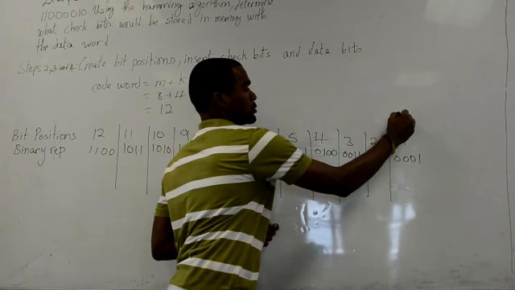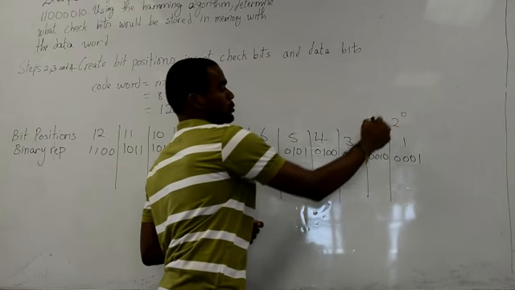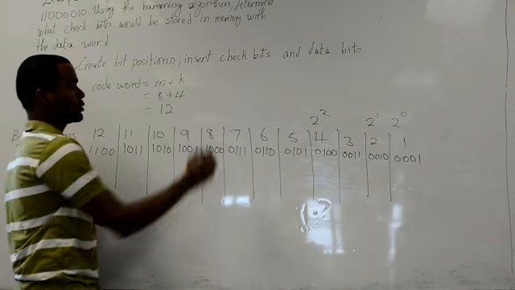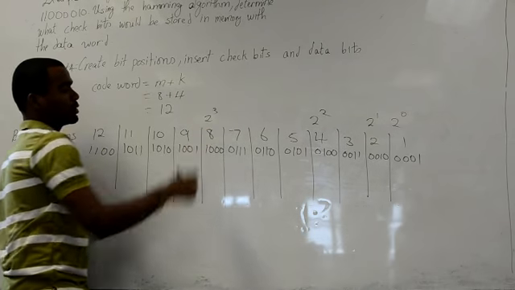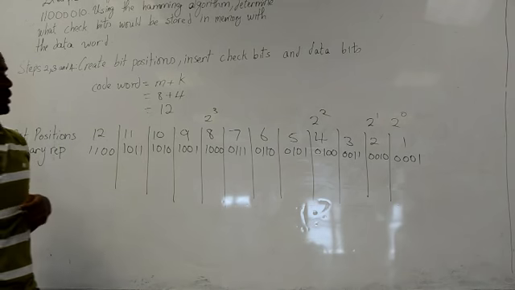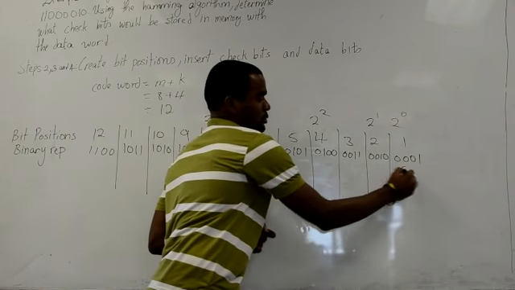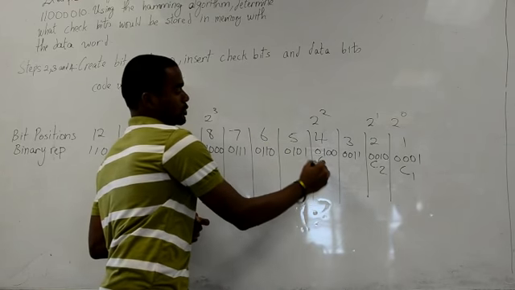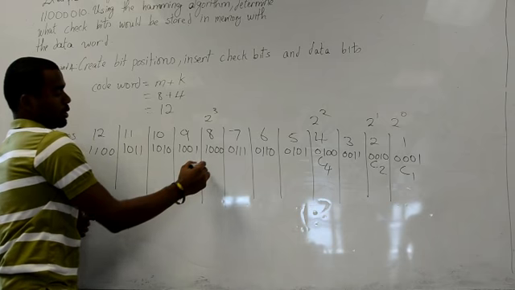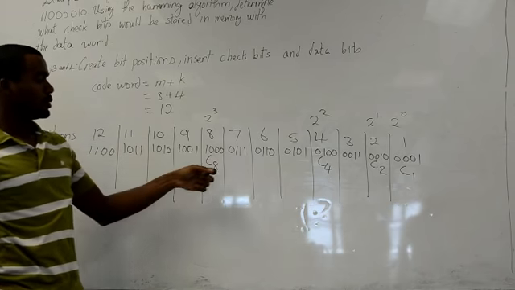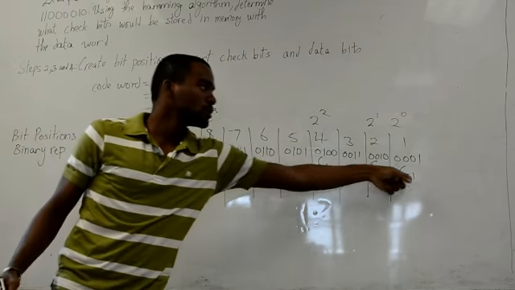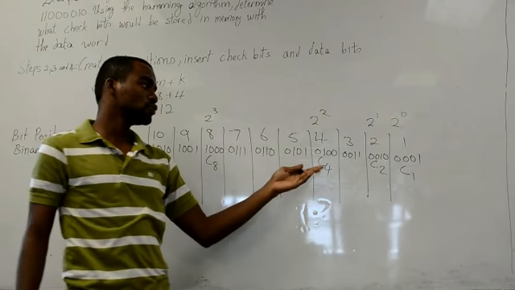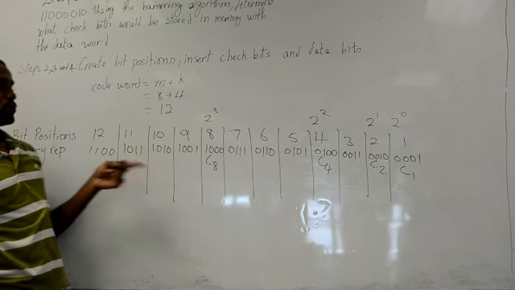So 2 to the 0, that's 1, 2 to the 1, that's 2, 2 to the 2, that's 4, 2 to the 3, that's 8. And we're going to call this check bit 1, check bit 2, check bit 4, and check bit 8. We get these numbers from the actual decimal representation. So it's not check bit 1, 2, 3, and 4, but 1, 2, 4, and 8.